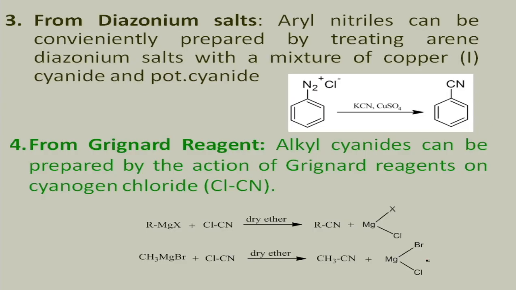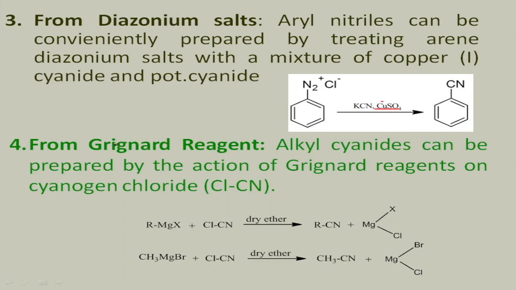Number 3, from diazonium salts: aryl nitriles can be conveniently prepared by treating arene diazonium salts with a mixture of copper(I) cyanide and potassium cyanide.